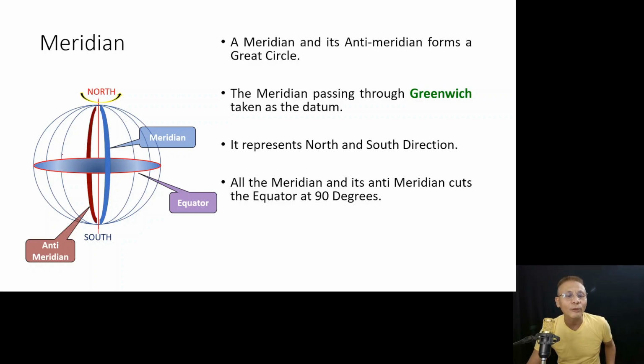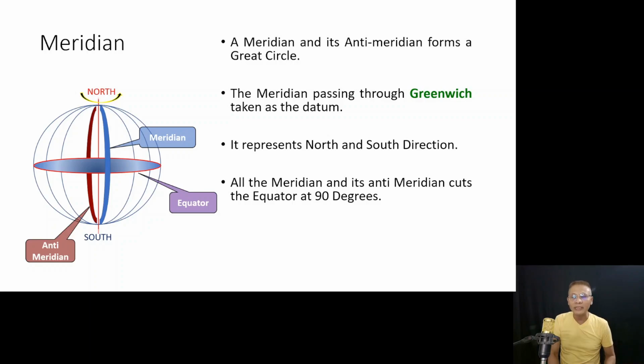If I continue following one particular meridian, I will finally reach the north pole, or if I go in the opposite direction, I will reach the south pole. Similarly, if I follow this other meridian upward towards the north, I will reach the north pole, and if I go southward, I will reach the south pole. So it also indicates the north-south direction on the surface of the earth.